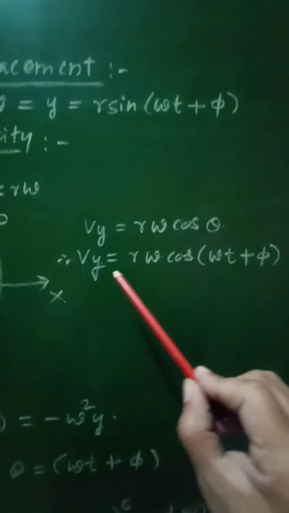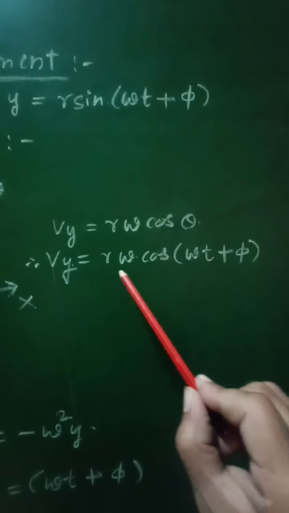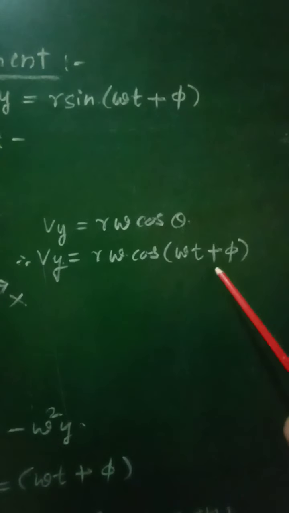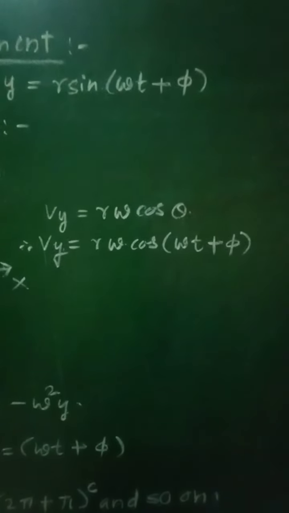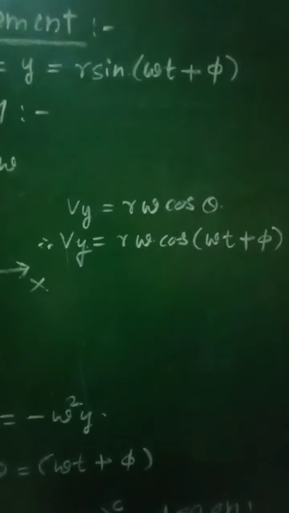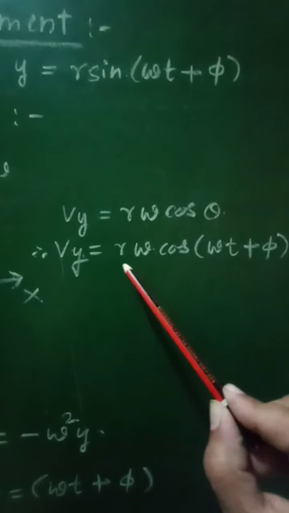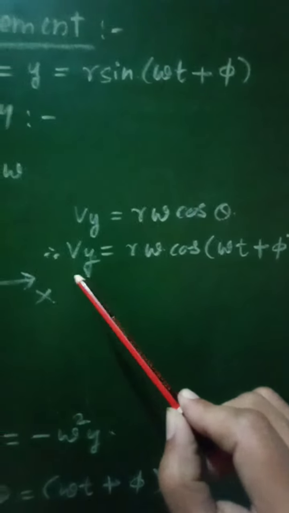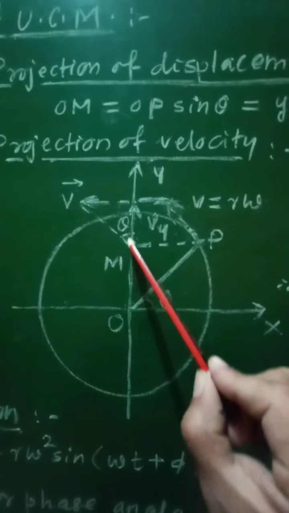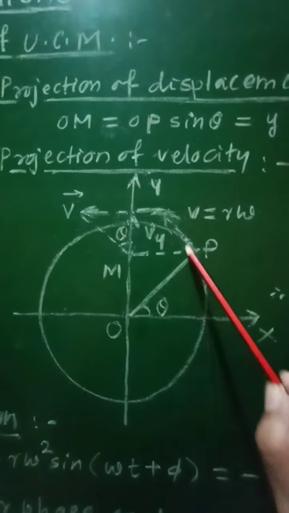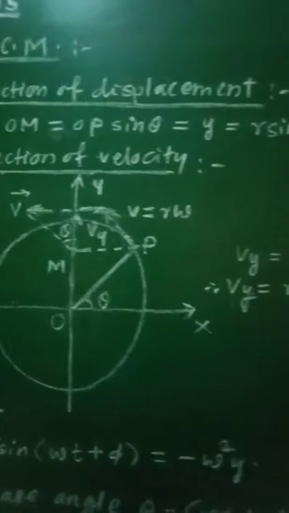Now this is written as Vy equal to r omega cos of omega t plus phi. This equation represents the component of velocity along the y-axis when that particle is performing uniform circular motion.